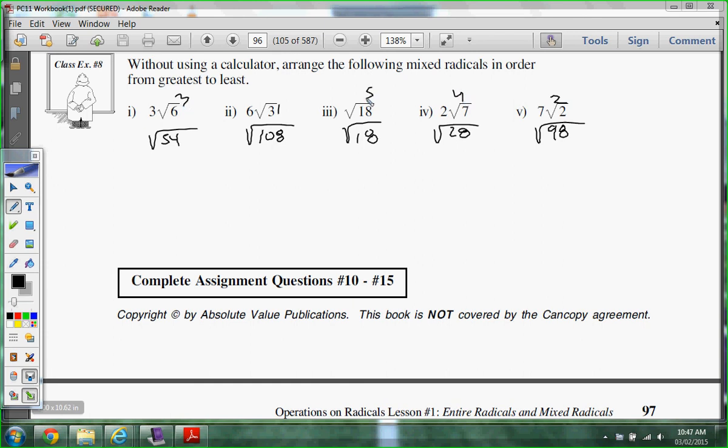Okay, so the order would go 6 root 3, 7 root 2, 3 root 6, 2 root 7, and root 18. Okay, so that would be your order. All right, very good.